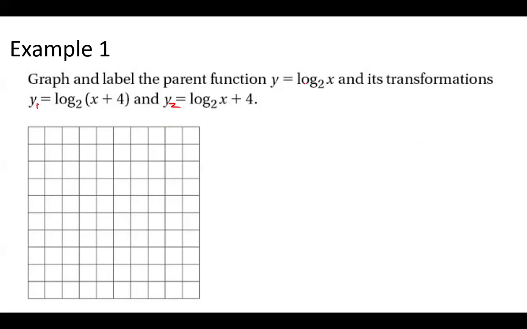So looking at y1, we want to know what is the transformation from our parent function here. What happened? It's 4 to the left.